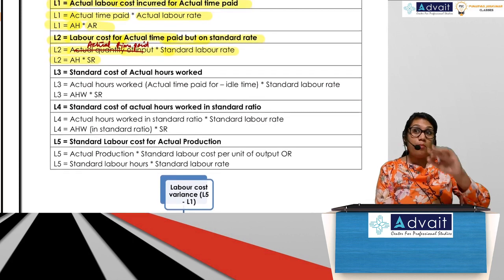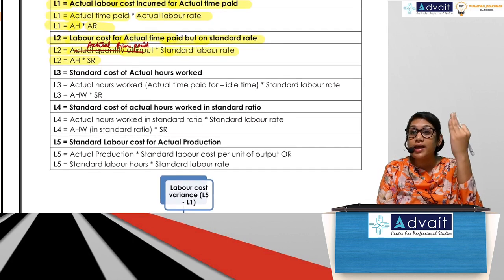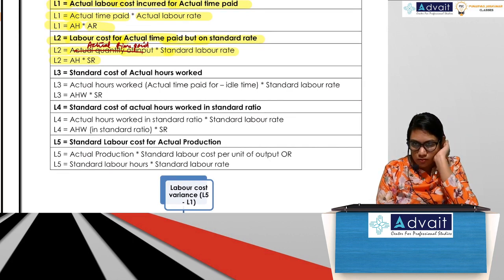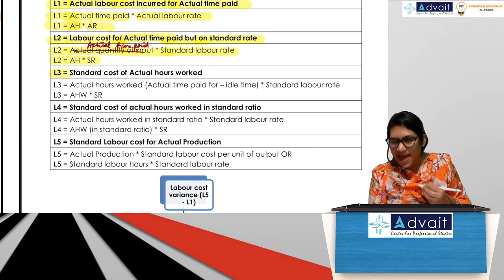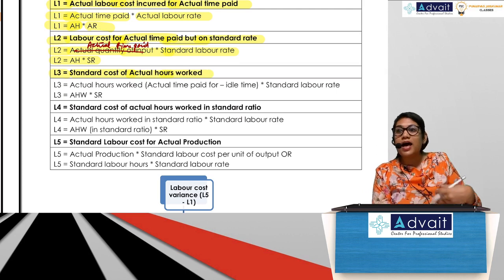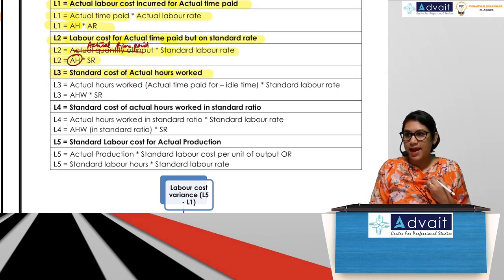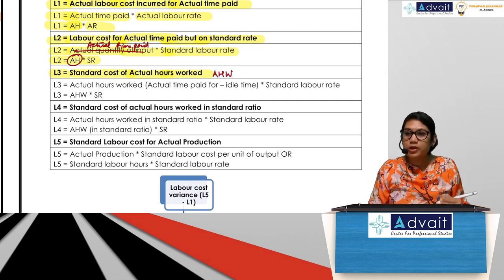Now guys, M3 was what? Actual quantity in standard ratio. Here we change. Why? Because L3 is standard cost of actual hours worked. So now it is no longer AH, it is AHW, actual hours worked.